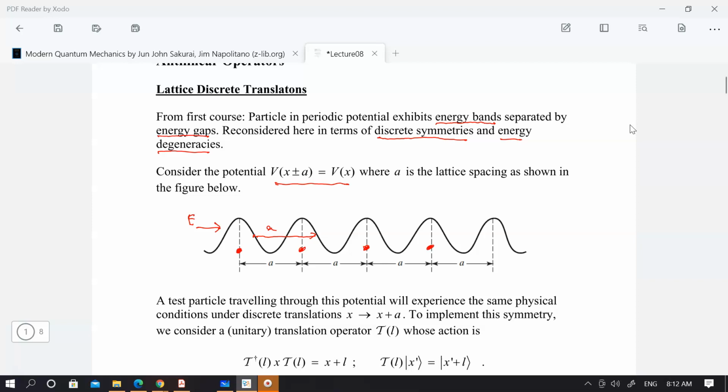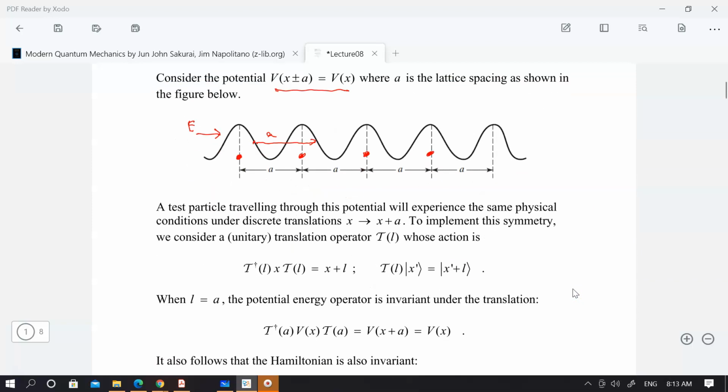Okay, so this is what the sentence is saying over here. Essentially, we would like to implement this symmetry by using a translation operator. The translation operator was introduced in the same set of notes for this periodic potential, and one can write down what it is. It should be something like e to the power of minus i p l over h bar.